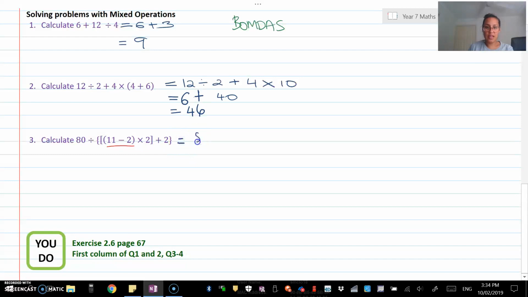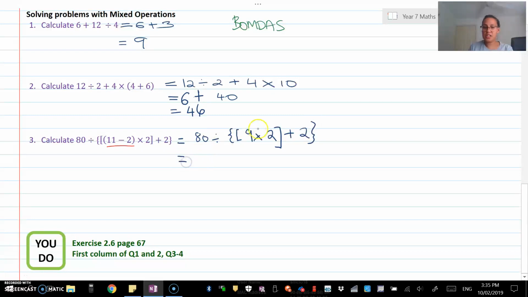So I'm going to leave the 80, divide, I'm going to leave this funny bracket and this bracket. Now 11 minus 2 is 9. And I'm going to see what's left over here, times 2, straight bracket, plus 2.